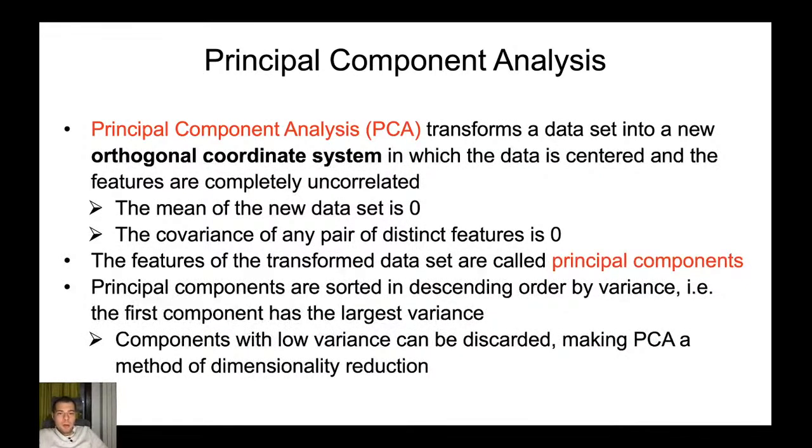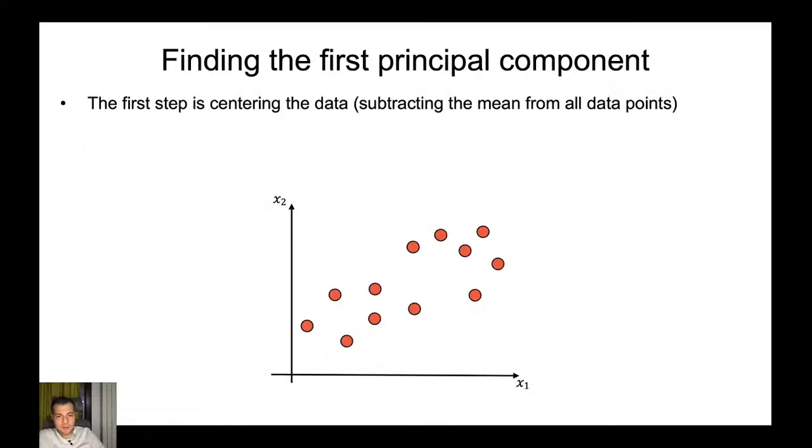After we compute these principal components, we can discard some of the dimensions from the end in order to reduce the dimension of the dataset. So the main application of PCA is not just to make this transformation, but also to reduce the dimensions while keeping most of the variance in the dataset.